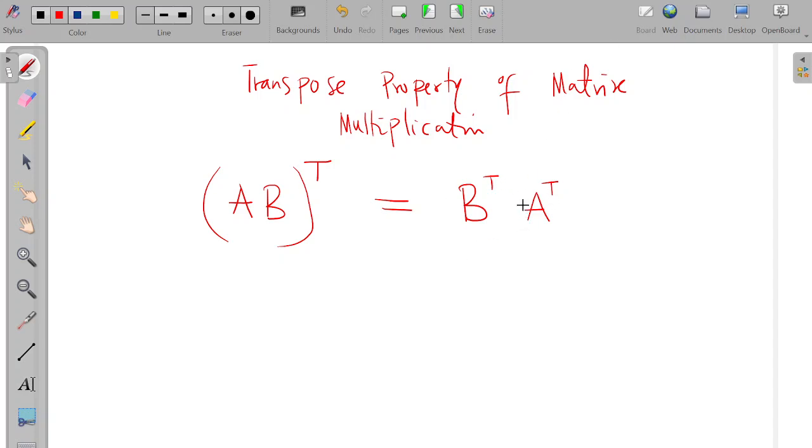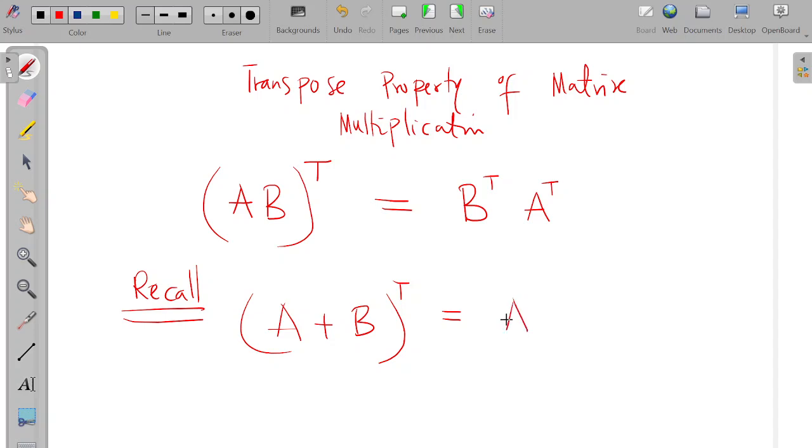That is very important. Let's recall when this was done for addition. This is the same thing as transpose of A plus transpose of B. This is for addition, but for multiplication, this is the case. All right?